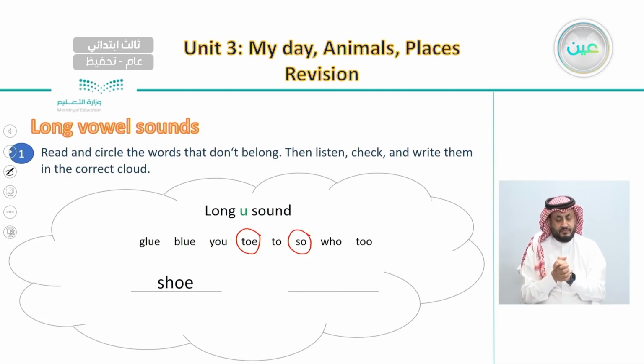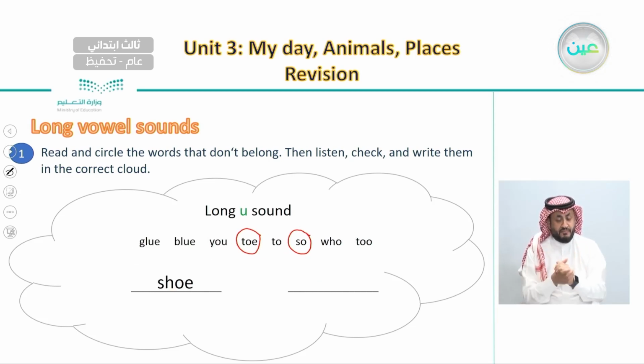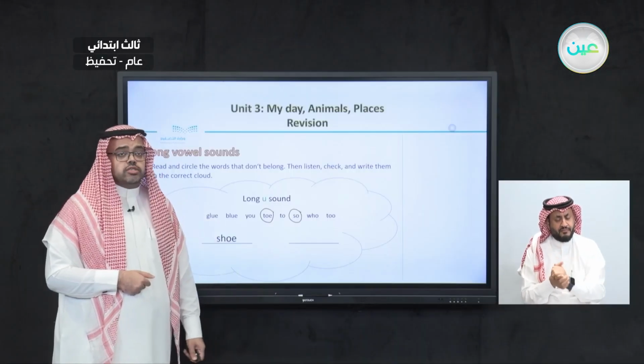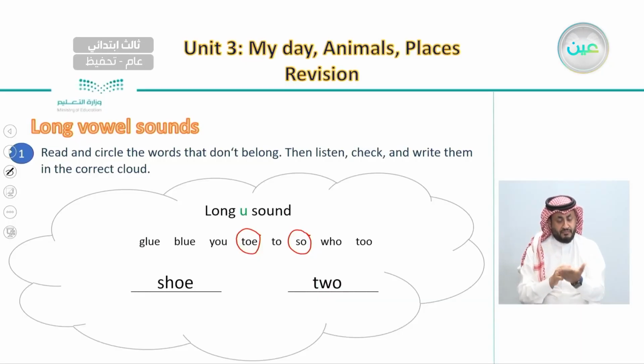And where do we put them? We put them with the long O sound. After we circle them, we need to put another word that matches the long U sound, which is two. So let's listen to them from the beginning. Here we have glue, shoe, blue, you, two, who, and to.